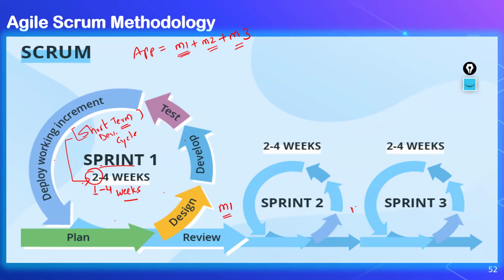At the end of this, you'll have module two delivered. And at the end of this, you'll have module three delivered. By combining these all, we get our application. So it keeps being appended. That is what your Agile Scrum sprint is all about. Let me know if you want to add something to it.